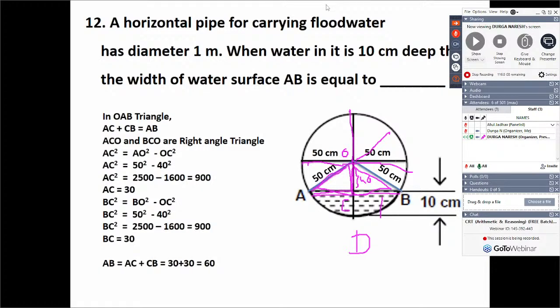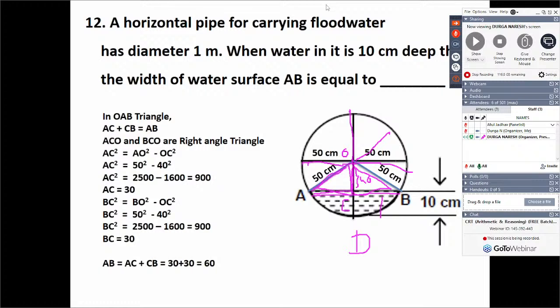Clear? Okay. So C is the midpoint. That is the reason AB is equal to AC plus CB directly, 30 plus 30. Any doubts up to that?